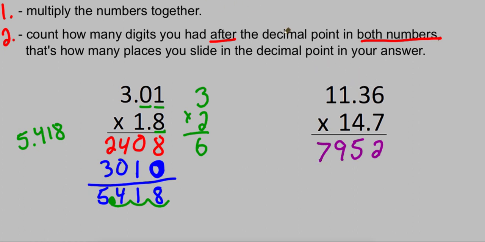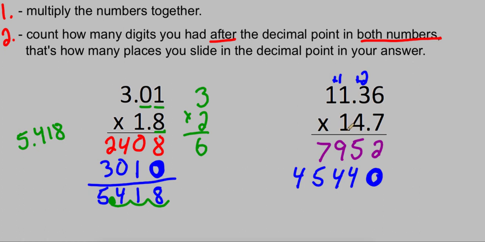Alright, so I'm going to get rid of that for my next row. Now I'm going to multiply times my 4. So I'm going to start that row with that placeholder 0. 4 times 6 is 24. 4 times 3 is 12, plus 2 is 14. 4 times 1 is 4, plus 1 is 5, and 4 times 1 is 4.